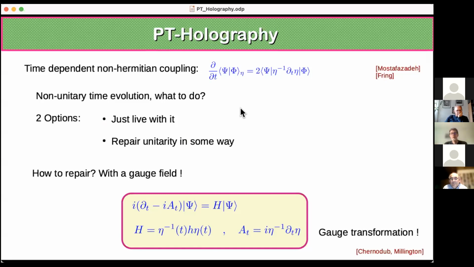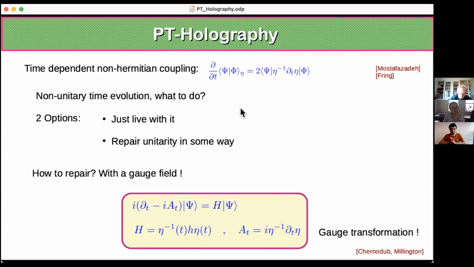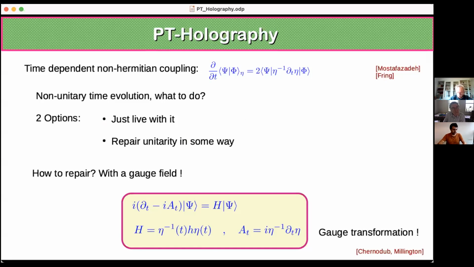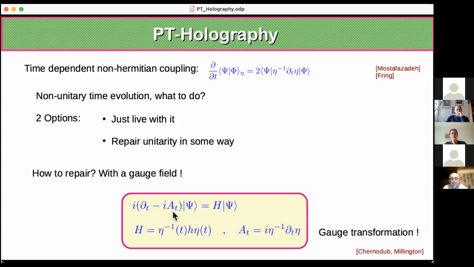And in principle, there are two options, which I can both implement in holography. The first option is just to live with it, go ahead, just buy the non-hermiticity and see what's going to happen. And the other thing is to try to repair the non-hermiticity. And in fact, it's possible. You can repair the non-hermiticity by introducing a gauge field in your Schrödinger equation, which just compensates this term of the non-conservation of the inner product.